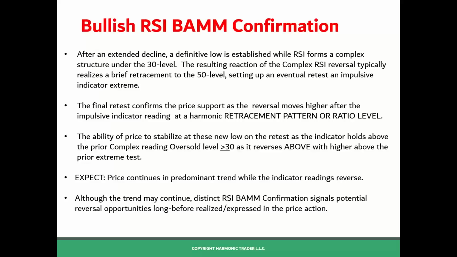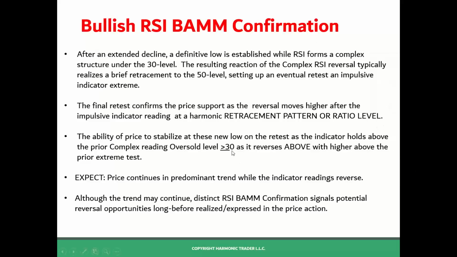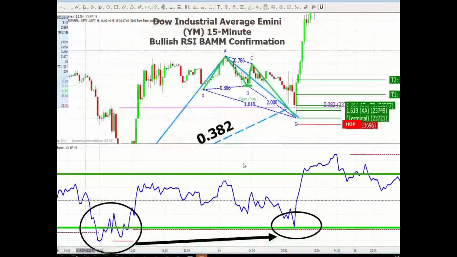Now, we want to see that final RSI BAMM complete, usually at an 886 or 786, one of the minimum retracement levels, and then followed by fairly demonstrative indicator behavior. Again, this is going to be an early signal, and usually takes a fair amount of time, and it'll trigger in this instance at a retracement level.